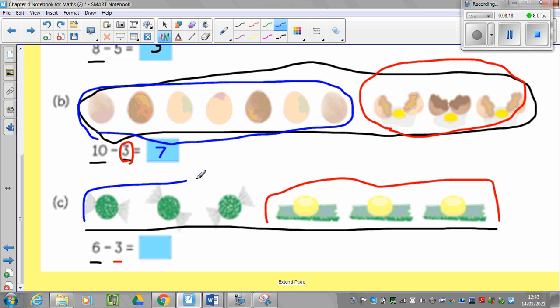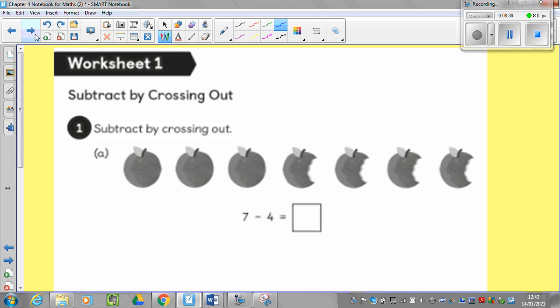I have got 1, 2, 3. So my answer is 3. 6 minus 3 equals 3. If you need to have a go at working this out, drawing it out, physically moving items around, that is the way to really embed this, grown-ups. So if they're not quite sure, that's what we need to do.